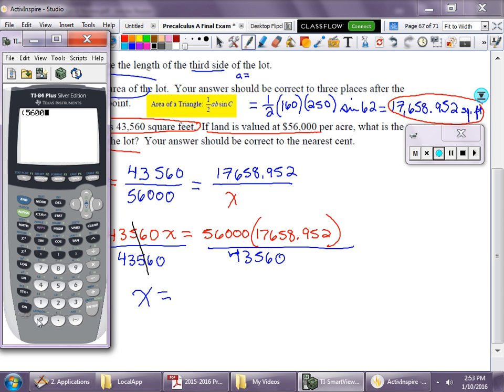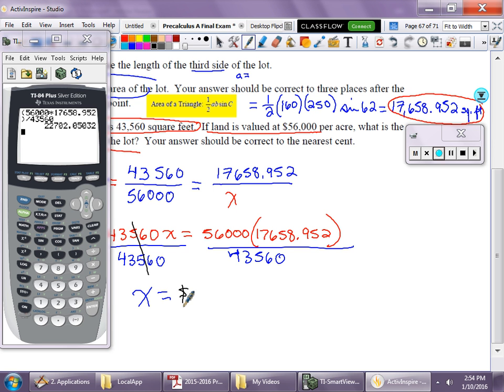Put parentheses because we're going to multiply. I'm going to take my time with this calculator. Close parentheses, divided by, checking, and x is equal to our money, yes, which is 22,050.